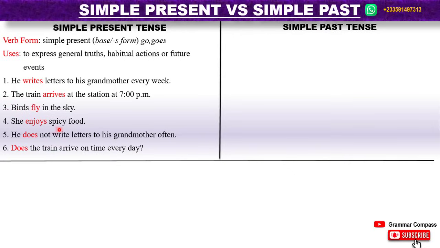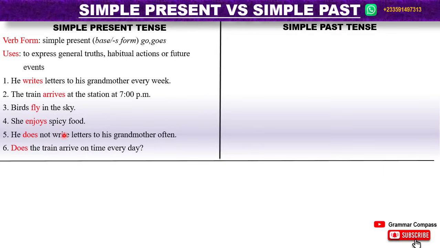She enjoys spicy food. He does not write letters to his grandmother often. Does the train arrive on time every day? All these are examples of the simple present. We either use the bare form of the verb or the S form. But take note, as seen in number 5, the simple present can also be rewritten as a negative sentence.